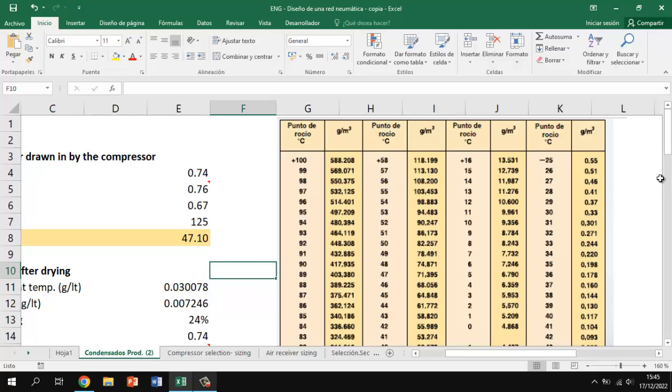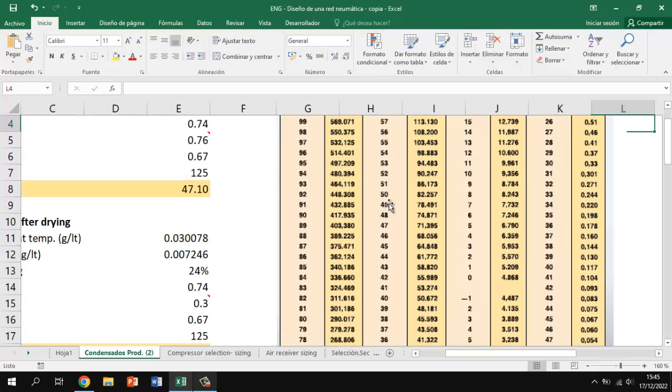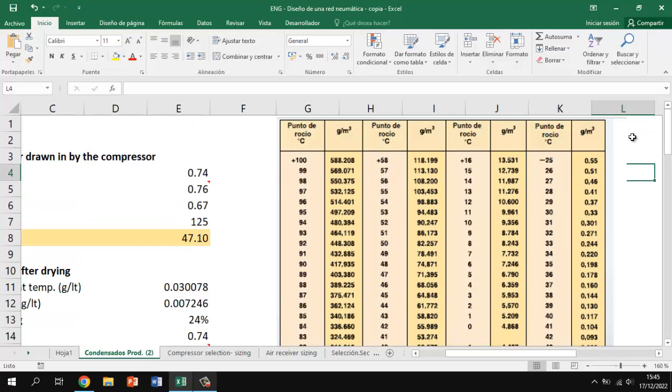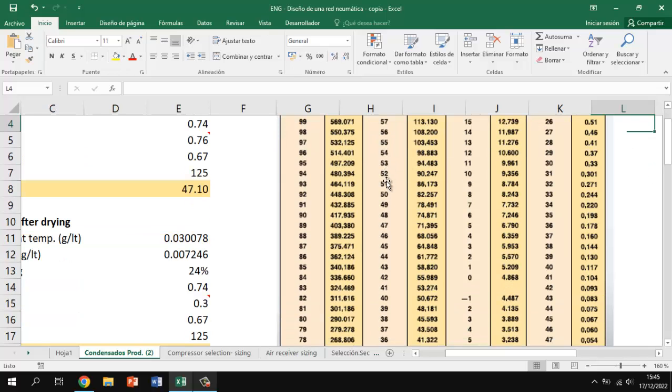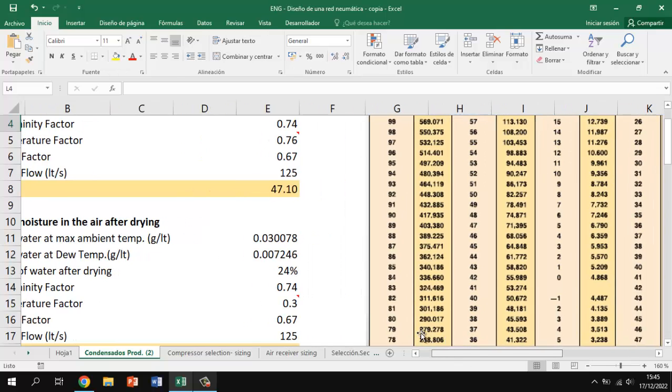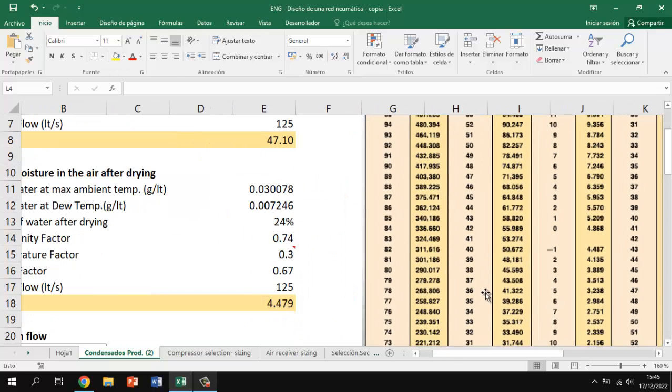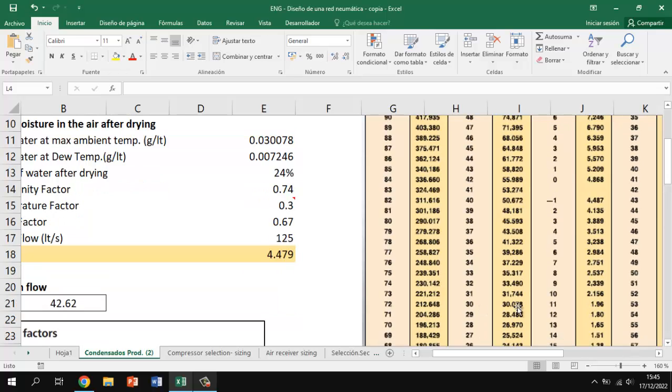This is a table for the dew point, punto de rocío, as you're reading. This is just to know how much water is in the air for different temperatures. In this case, for 30 degrees, it's here. This is in grains per liter.